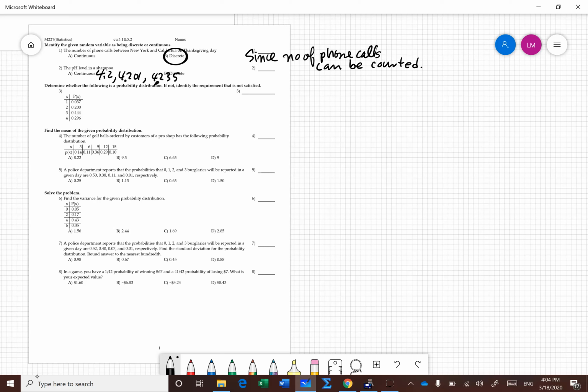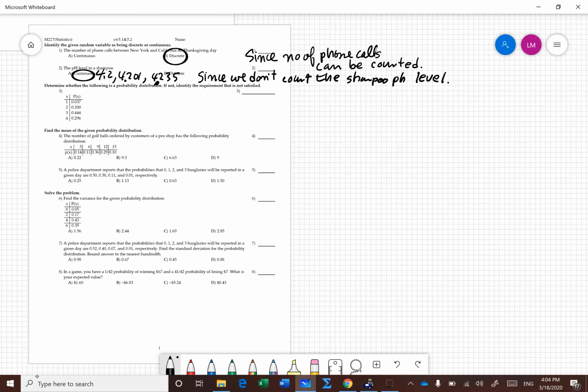It can take an infinite number of values, so it is continuous, since we don't count. Count means 1, 2, 3. We don't count the shampoo pH level.